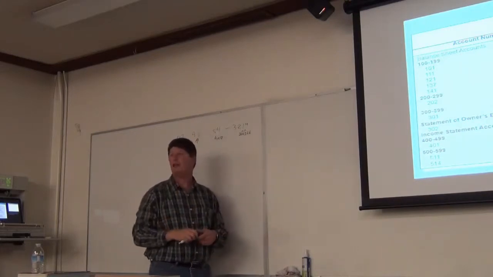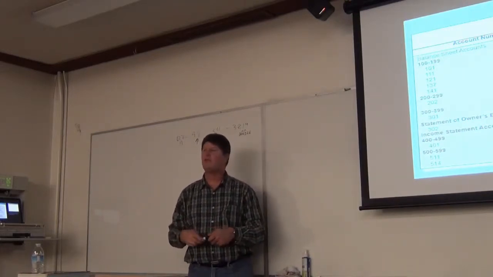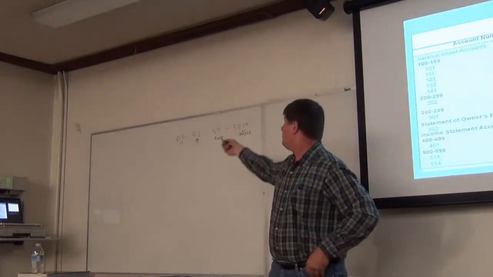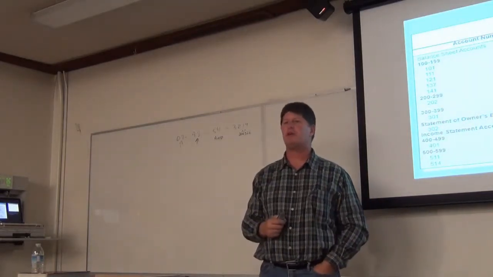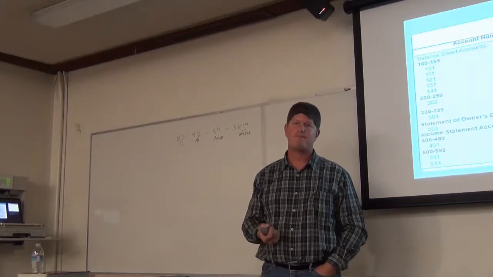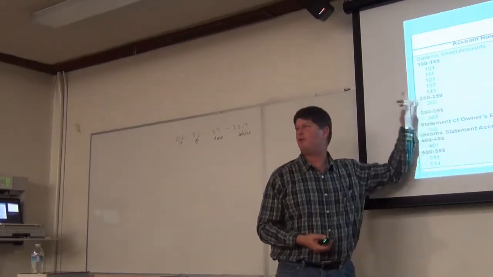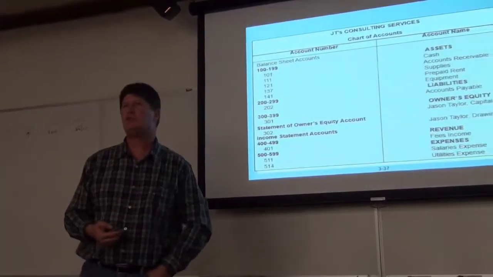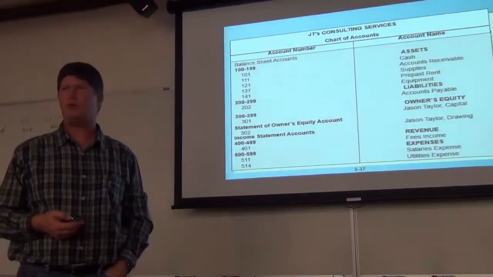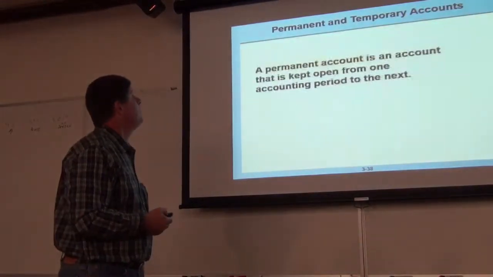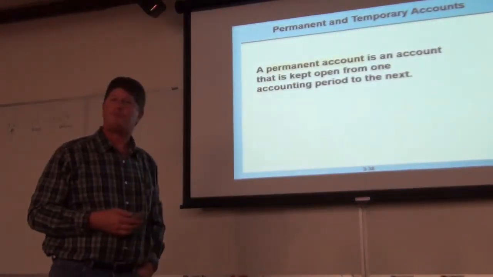And they'll break them down like that. So very large companies will have these great big account numbering systems with many subcategories and things like that. Okay? Don't be scared by it. It's just the same as this with more numbers. Questions? You guys are quiet. Okay, no questions. Moving on.